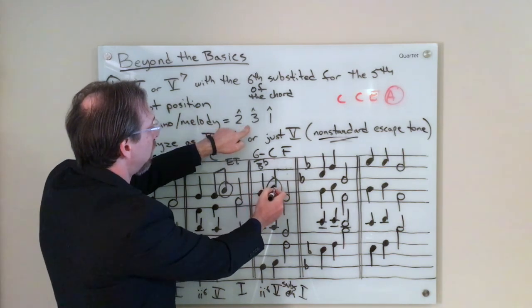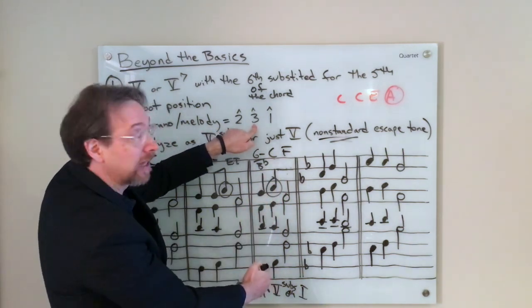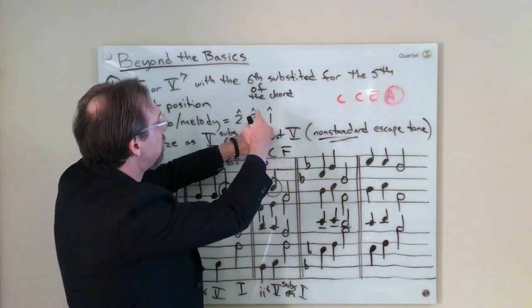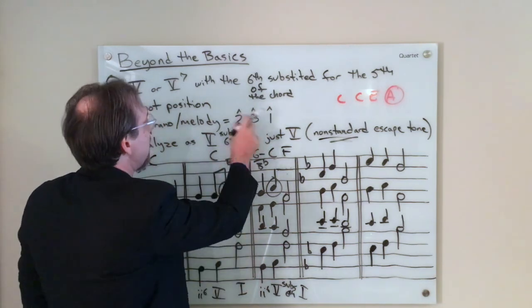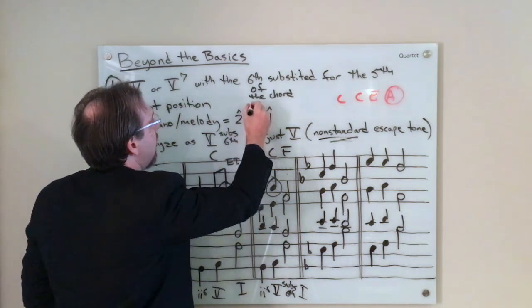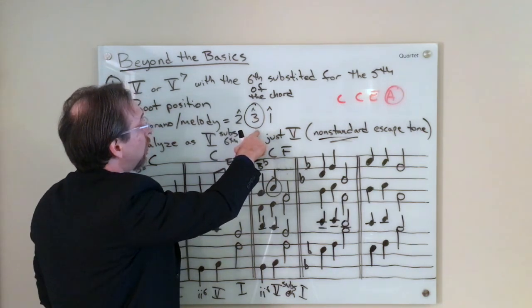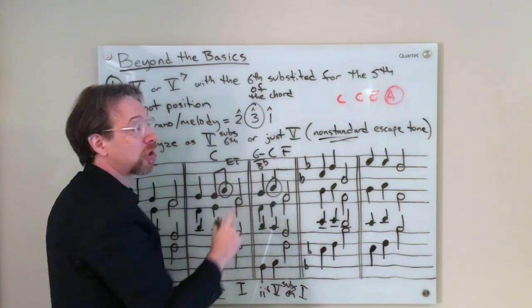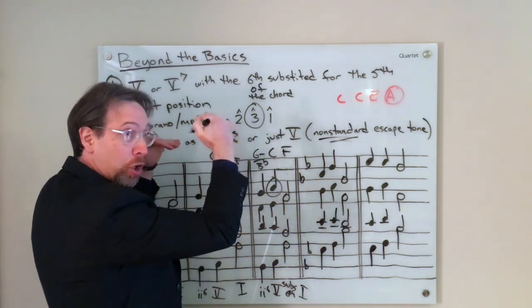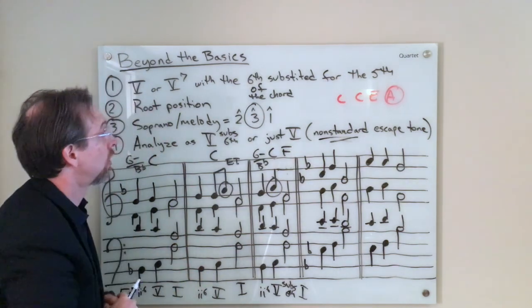We step up to scale degree 3 in our 5 chord, our dominant, where we're making this substitution, and then we leap down to scale degree 1. And that's what needs to happen. This is the point where we're getting that substitution on scale degree 3, but this is the way we prepare it, and this is the way we resolve it. And it occurs in the most upper part, in the melody or the soprano.